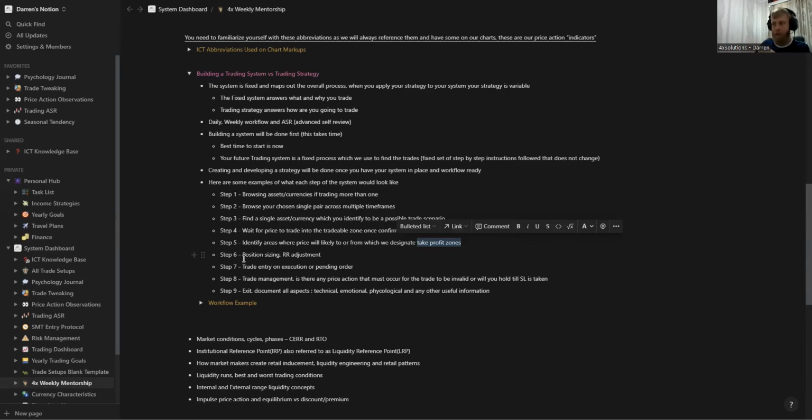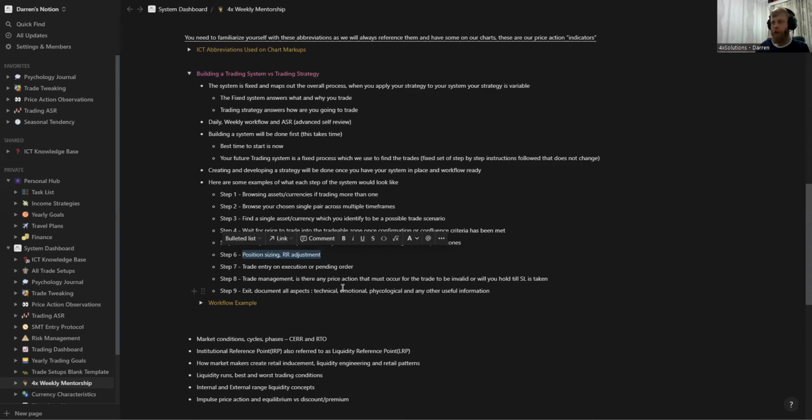The step-by-step system here, for example step 6, is not telling us how much position sizing or how much risk reward the strategy allows us to get. It's merely suggesting that part of the step 6 process is to think about how much position sizing and what the RR expectation, or risk reward expectation, is.